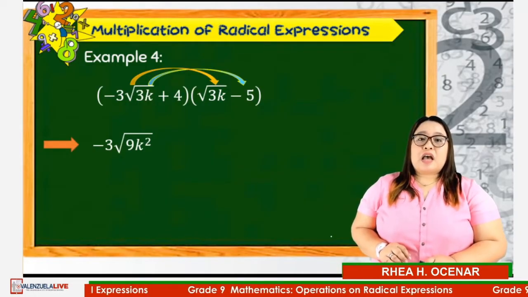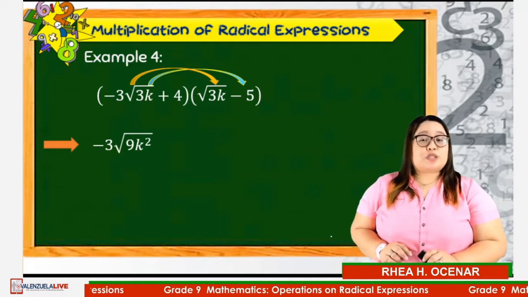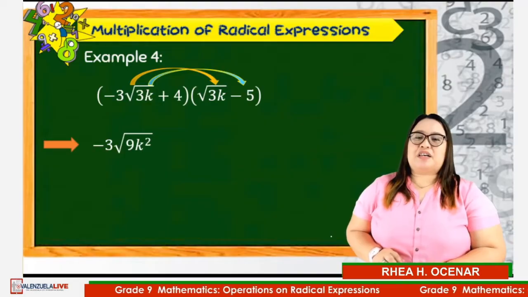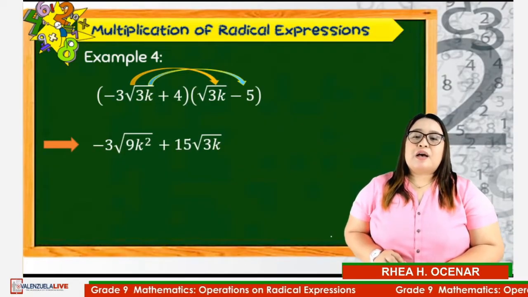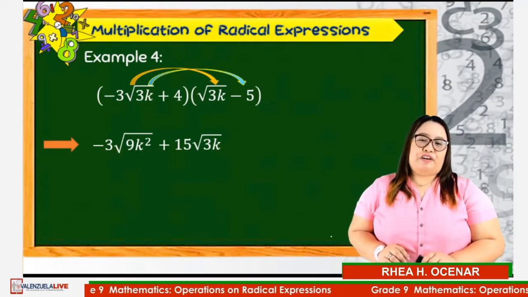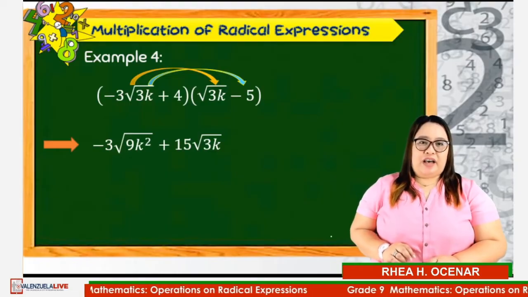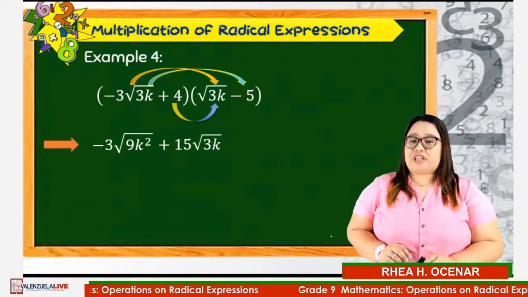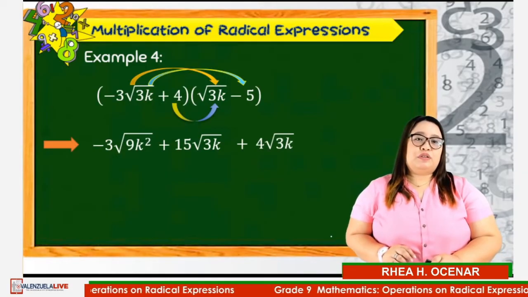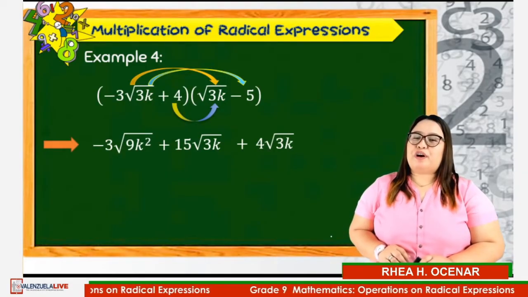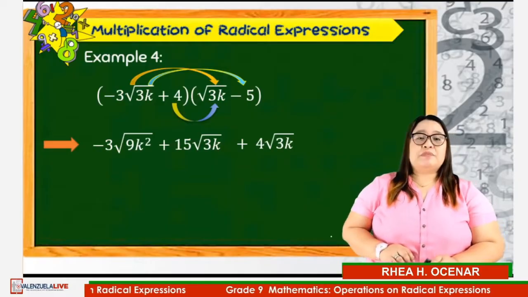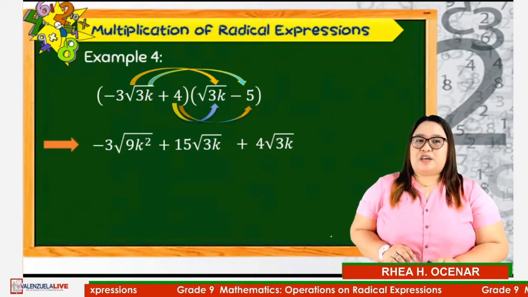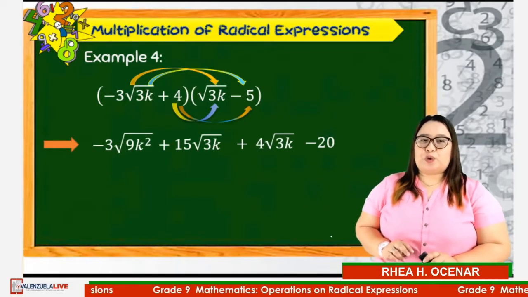Next, negative 3 square root of 3k times negative 5 is equal to 15 square root of 3k, followed by 4 times square root of 3k is equal to 4 square root of 3k. And lastly, 4 times negative 5 is equal to negative 20.